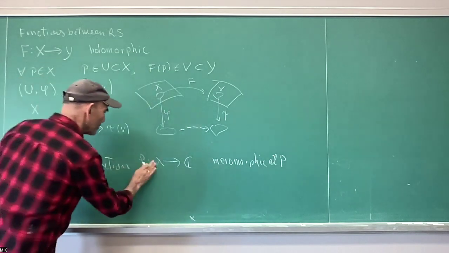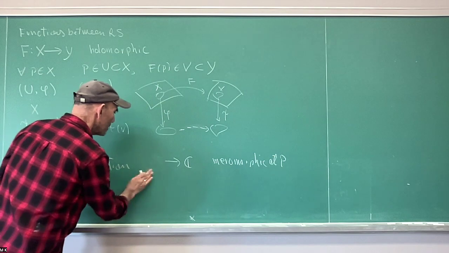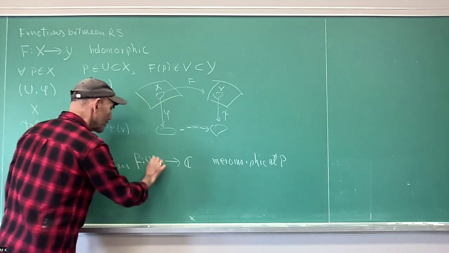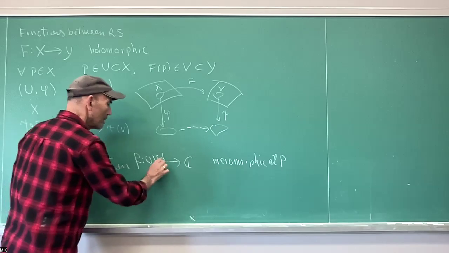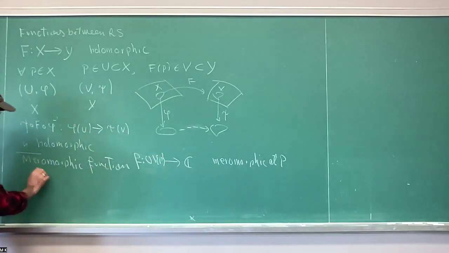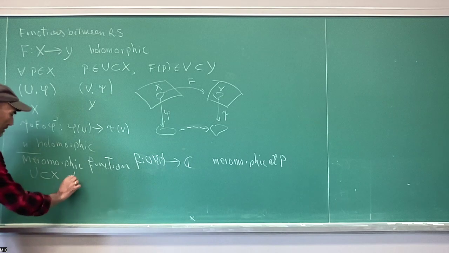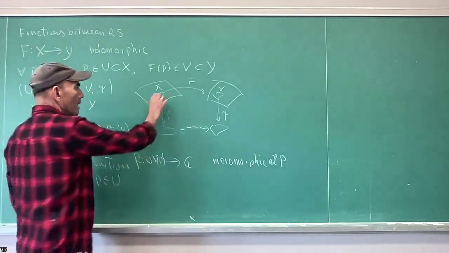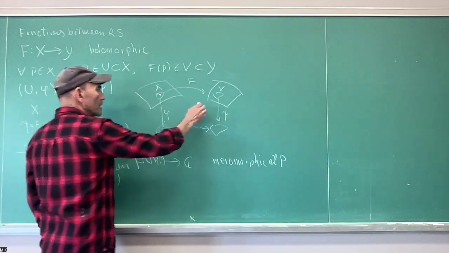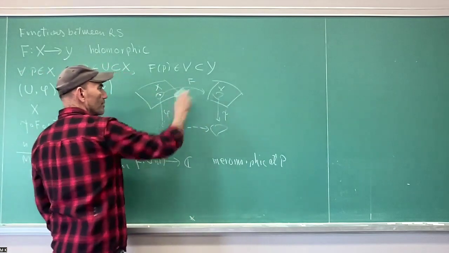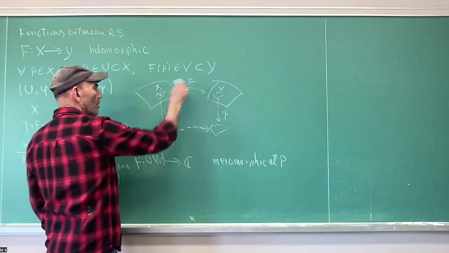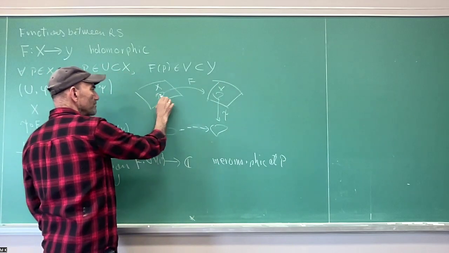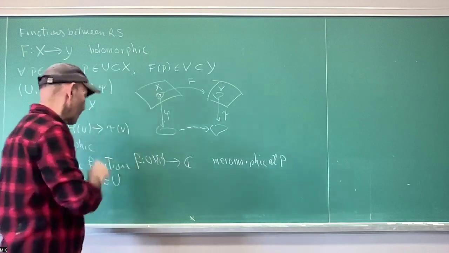Let me be more precise. f is defined from U take away p to C, where U inside X is open and p belongs to U. So your function now is going into C, not into another Riemann surface. It's not defined at p, but is defined in a neighborhood around p.